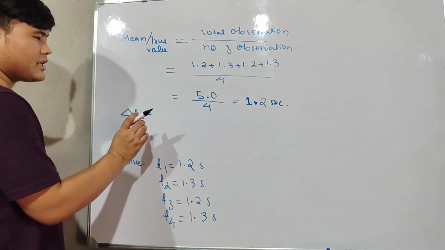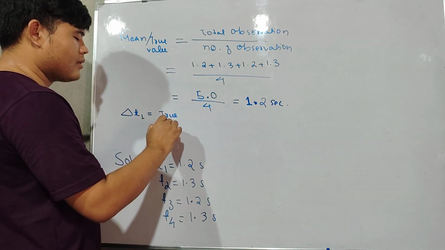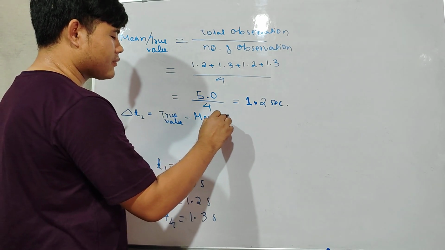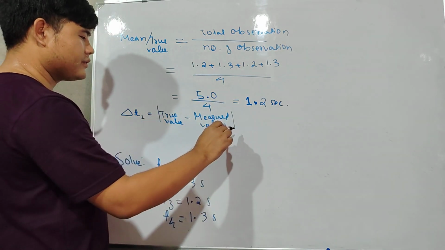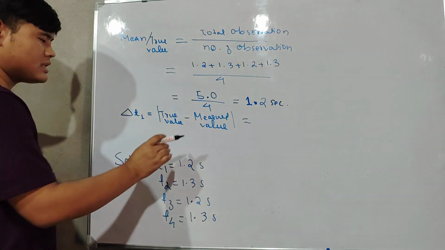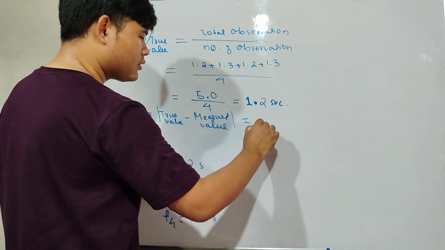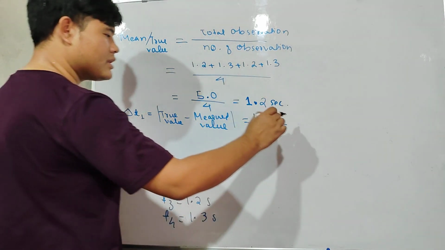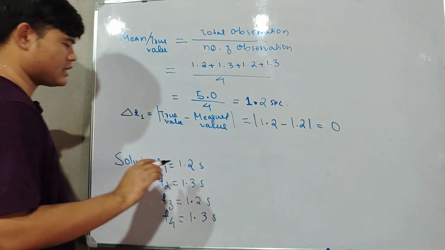So delta t1 is the true value minus the measured value, mod. The true value is 1.2, minus the measured value, which is also 1.2. That means we got 0. Here no error is there.